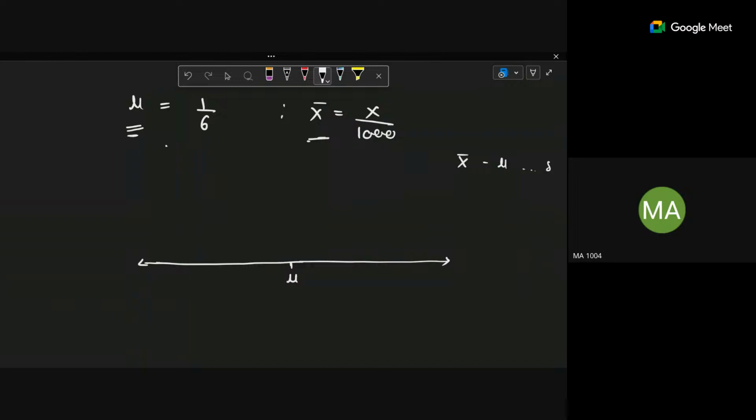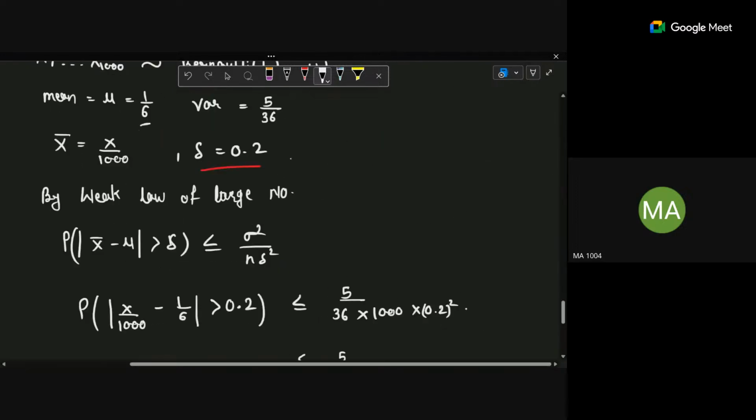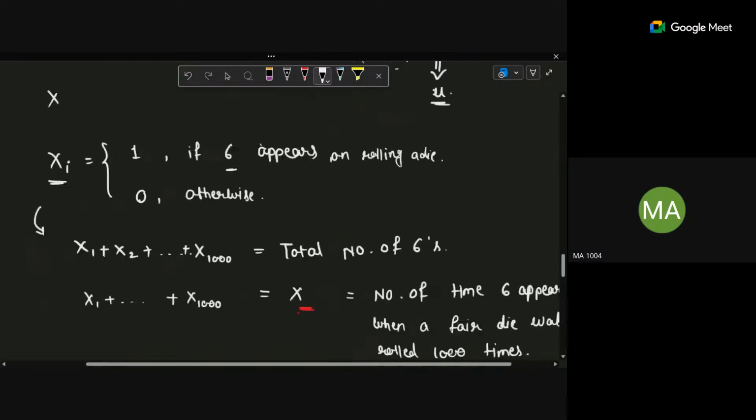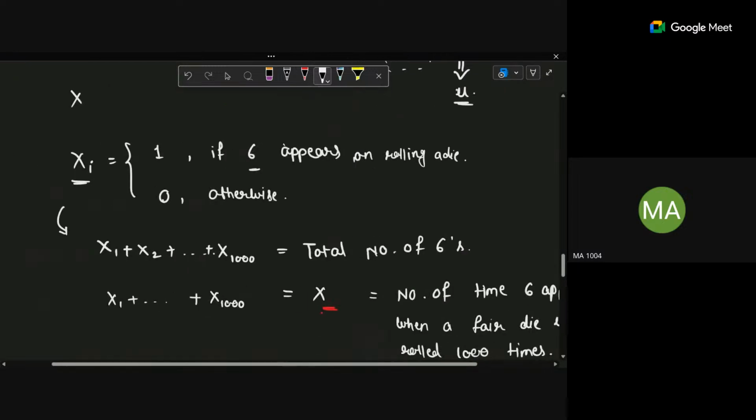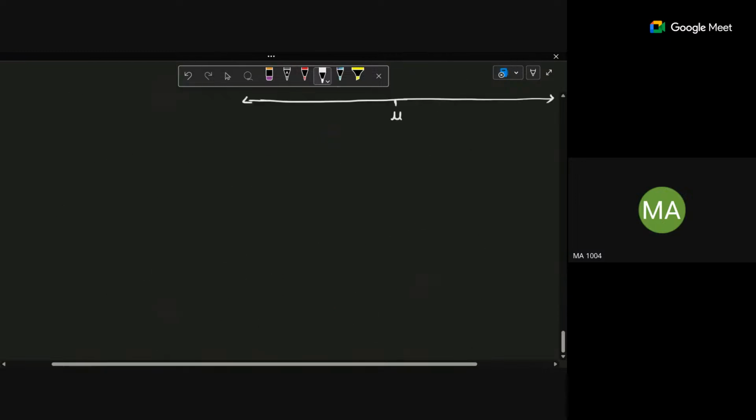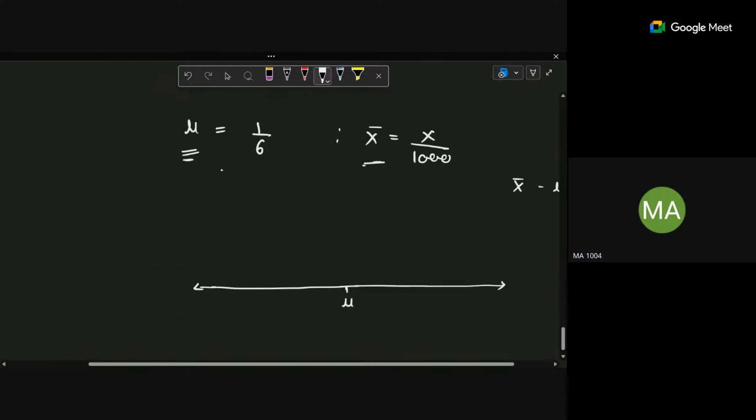When you throw a die, let's say a fair die was rolled 1000 times, and you defined a random variable in Bernoulli format, that if you got 6, then it's 1, otherwise it's 0. So if my random variable is like that and I'm throwing a die, then for that particular random variable, let's say x1, my mean is 1 by 6.